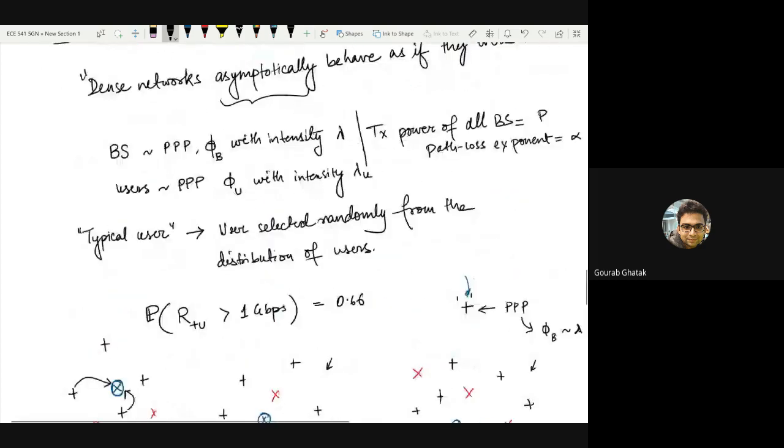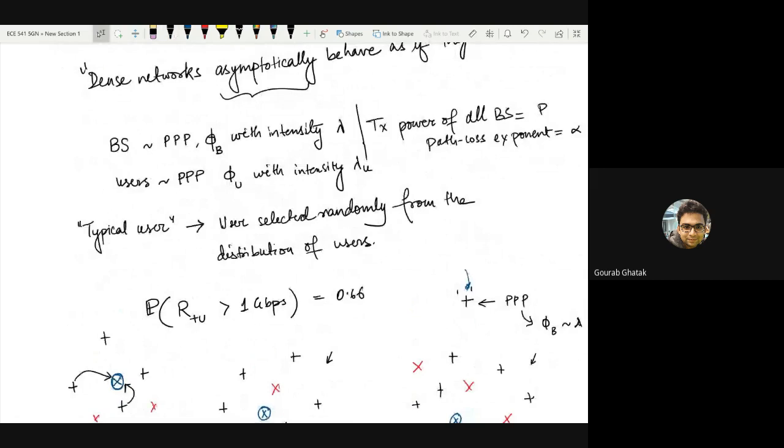Another assumption, I think I have not written it yet. Okay, so this is one assumption, this is another assumption, this is the third. The fourth one is Rayleigh fading with unit variance.